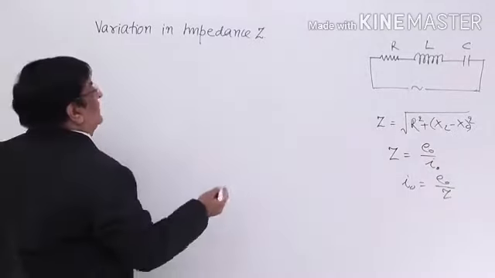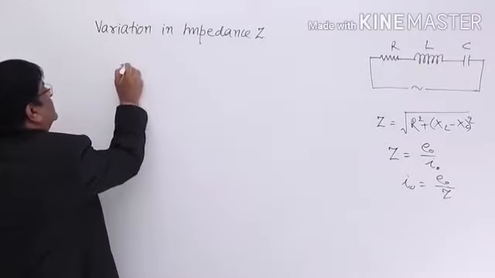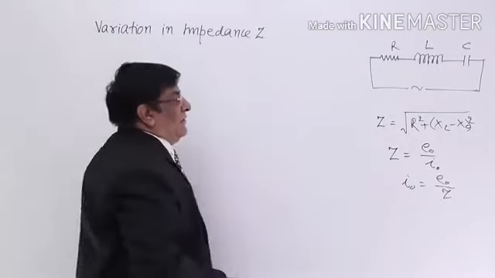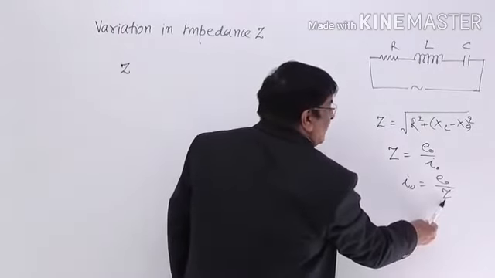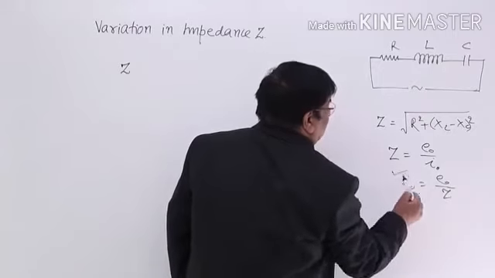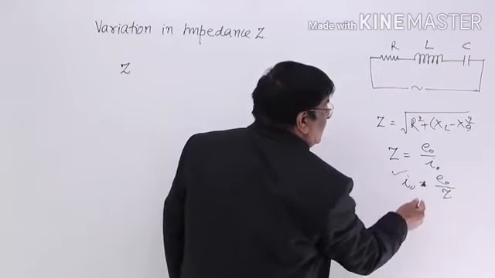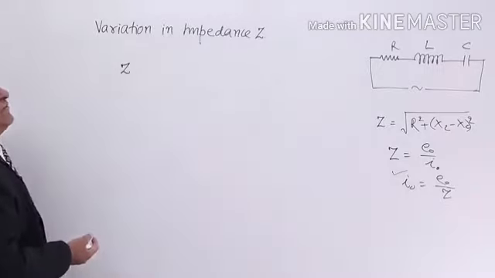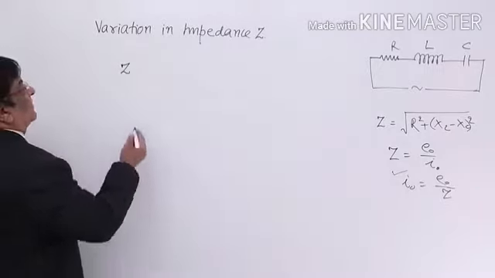How? Normally we want Z to be minimum, because with minimum Z current will be maximum. For maximum current Z should be minimum.